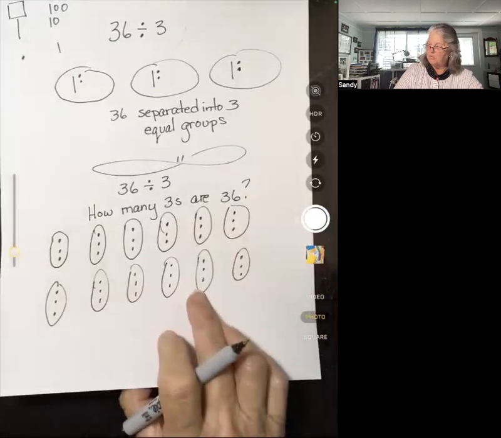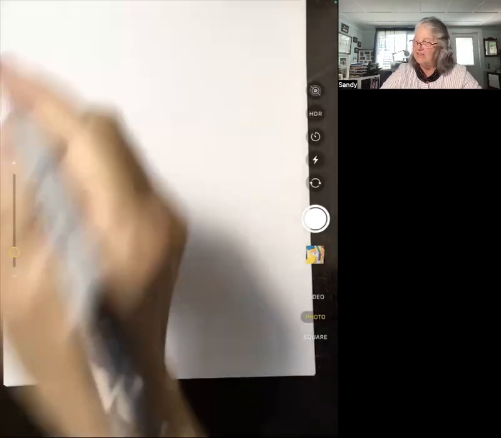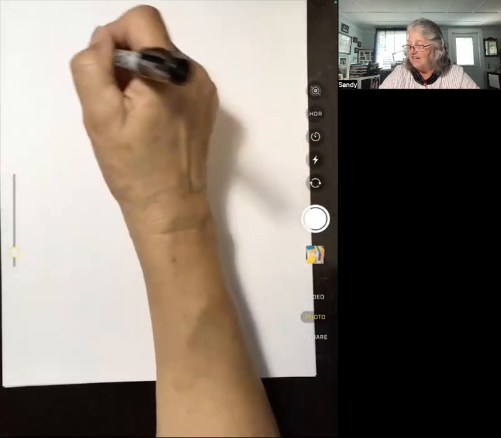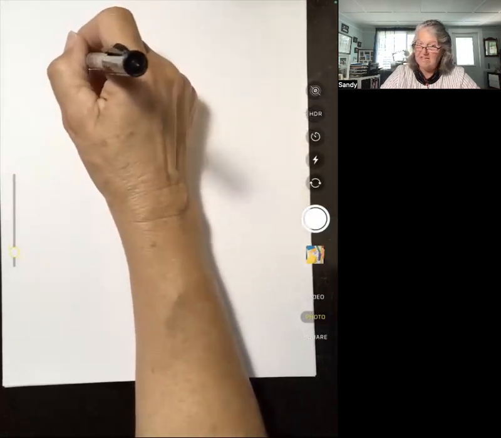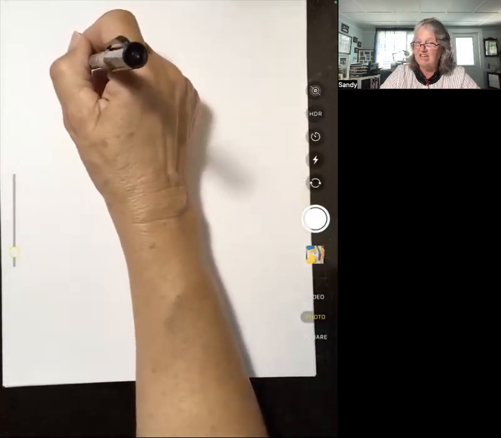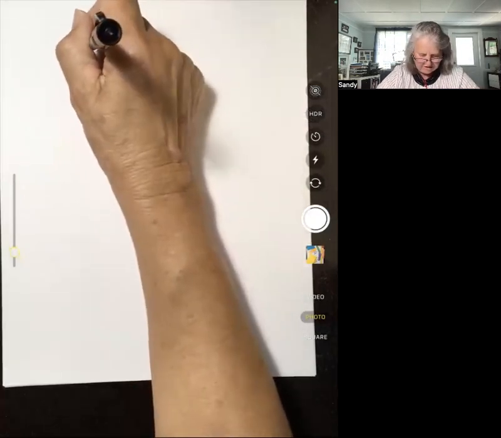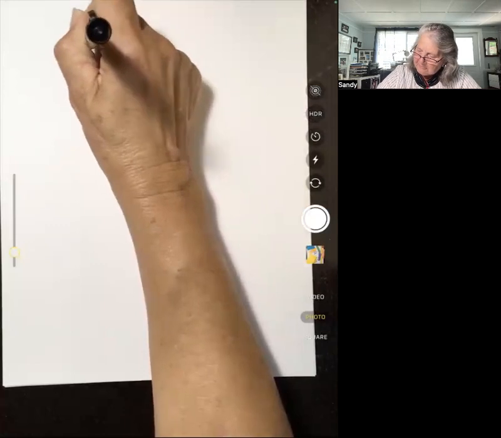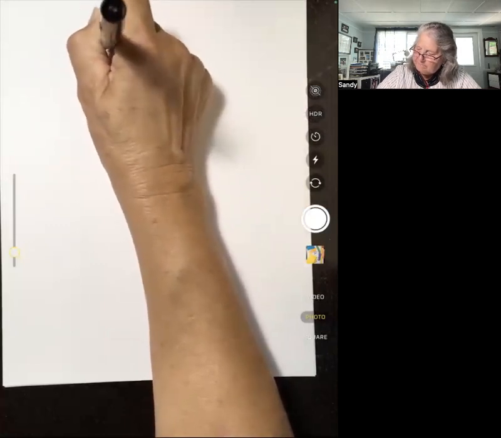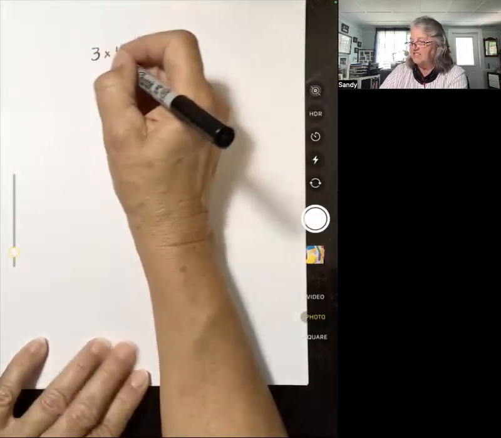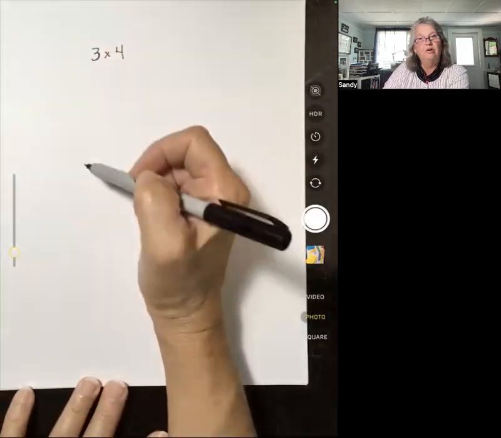Okay, now I want to do one more model that your children, and there are many districts, are introduced to in grade 3, area. And so we also use area with multiplication. So let's say I'm going to do, right, we're going to think of this not as 3 groups of 4.